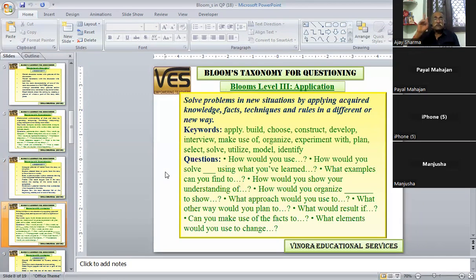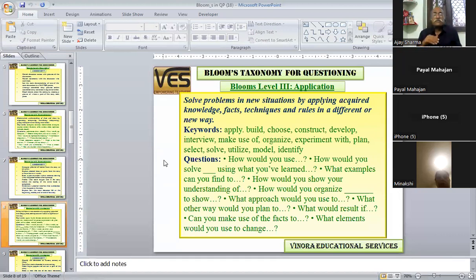Now, first 2 things if they know very well, that is, first is knowledge, they get proper information, and number two, they get a right way of comprehension, rightful grammar, rightful sentence making.